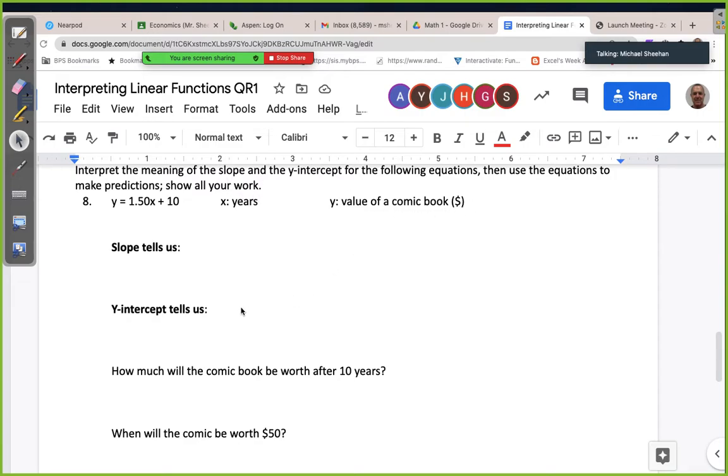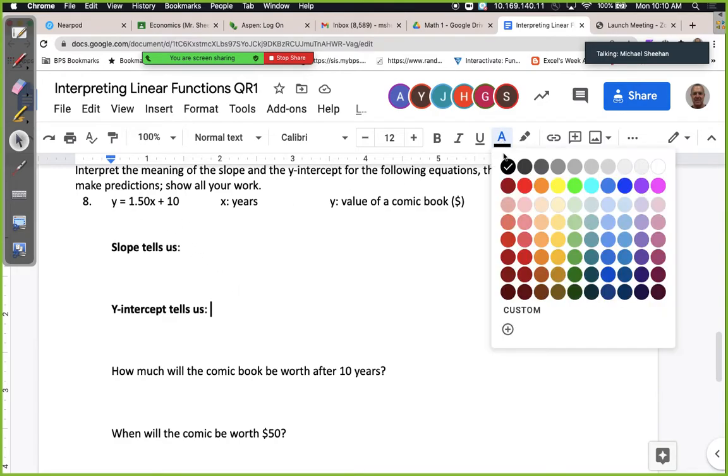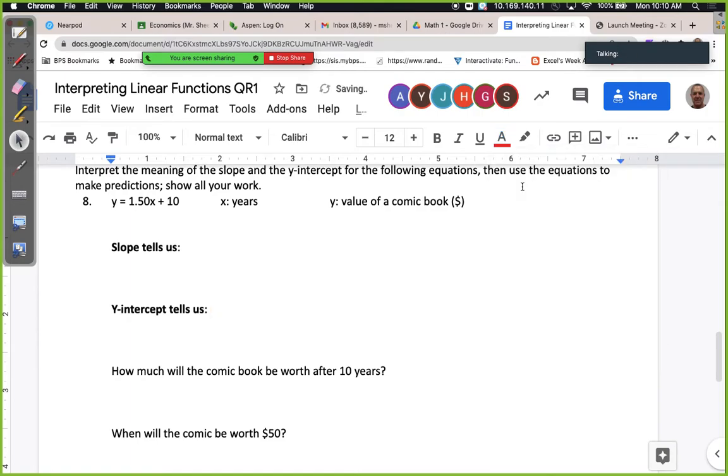X is years. How much does the comic book start off with? The value starts off at $1.50 or starts off at 10? 10. Make sure the y-intercept, the one that has the x, that's the rate of change. The other number is what you start off with.